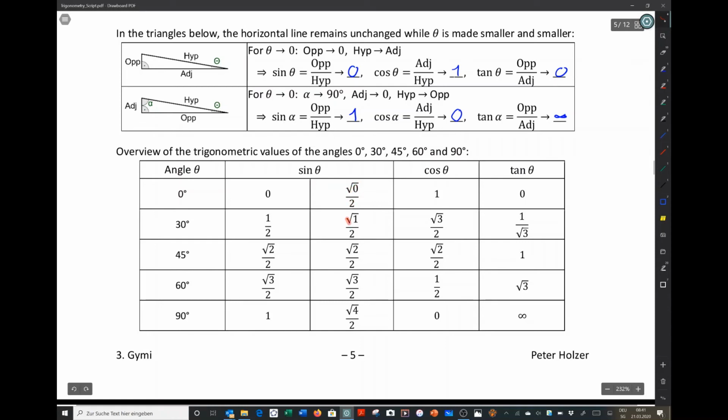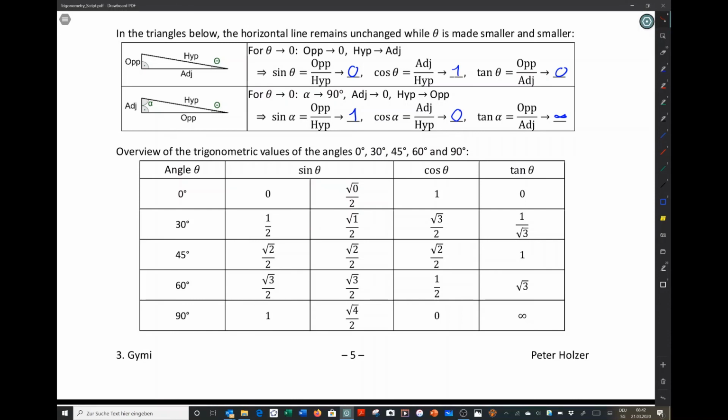For 30 degrees we have square root of 1 divided by 2. For 45 degrees, square root of 2 divided by 2. For 60 degrees, square root of 3 divided by 2. And for 90 degrees, square root of 4 divided by 2. On the left side here you see the actual values, so I have just rewritten these values in a way that we can better remember them.